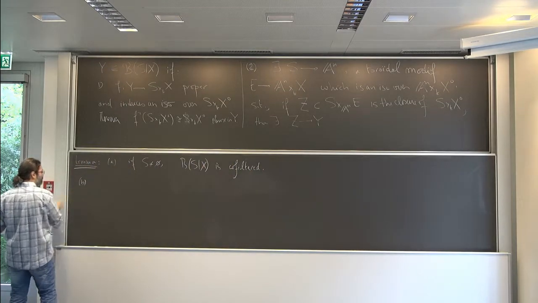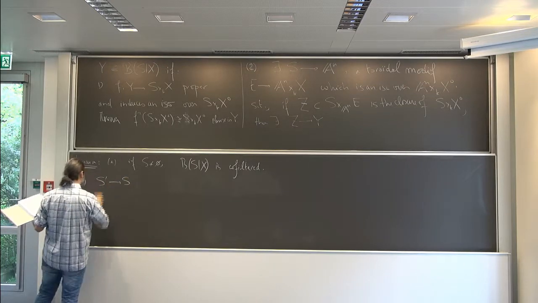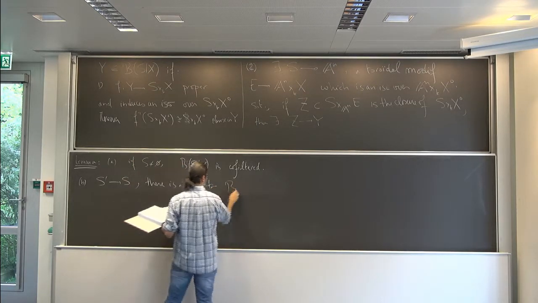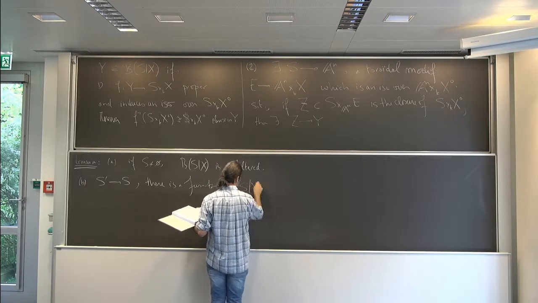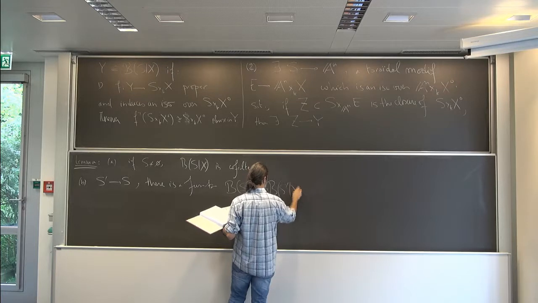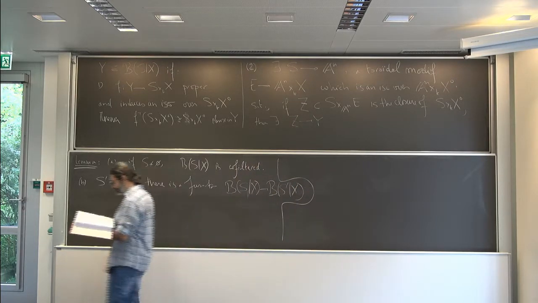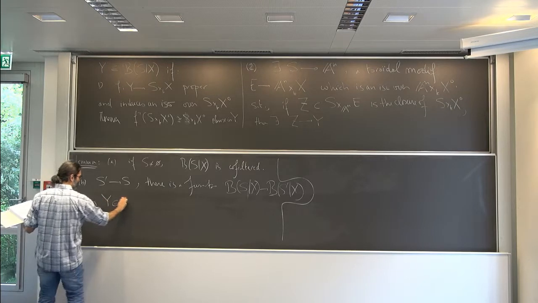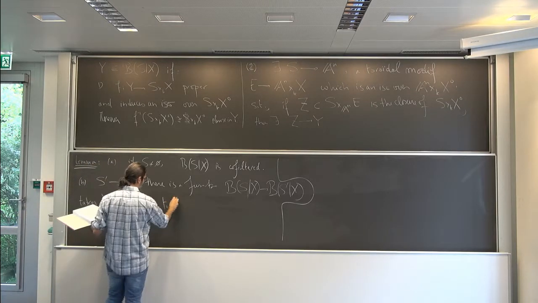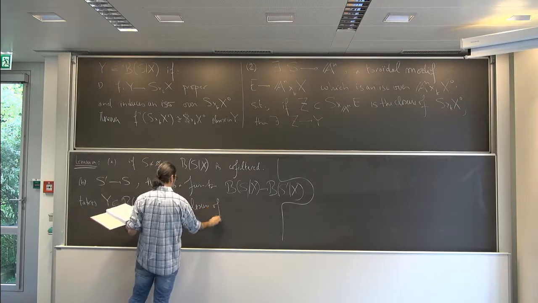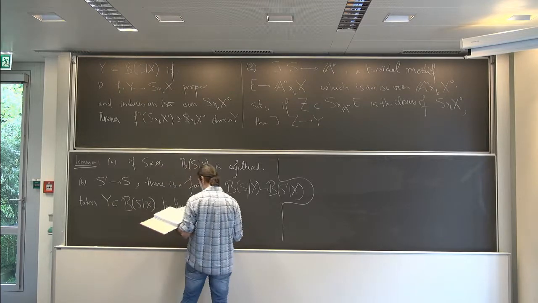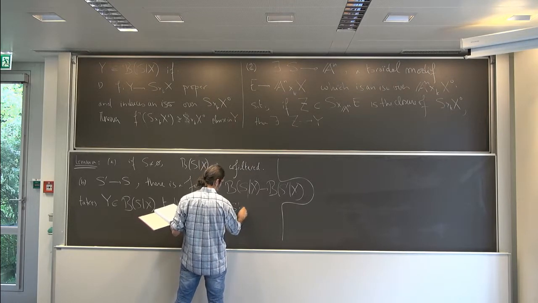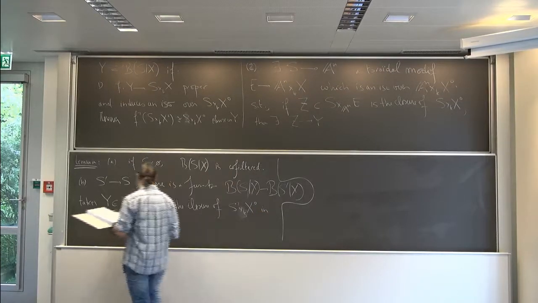Then it's also functorial in S. So if you have a morphism S' to S, there is a functor of B_S X to B_S' X. And it does the following: it takes Y to the closure of S' times X0 in the pullback in S'.